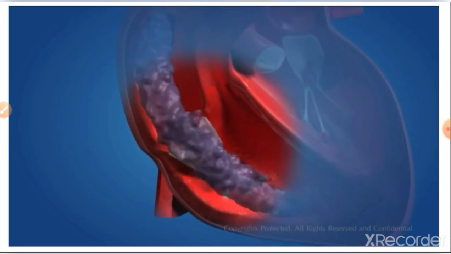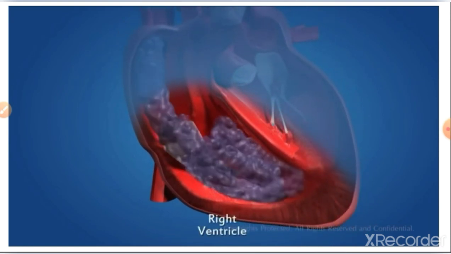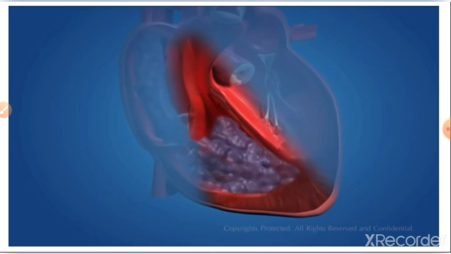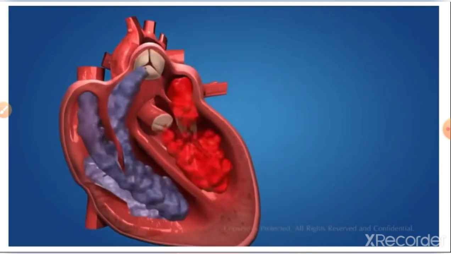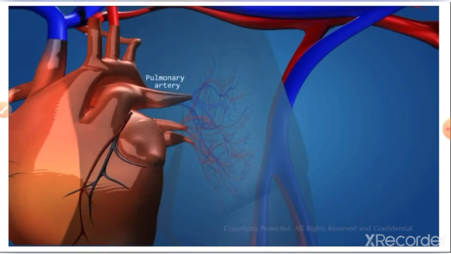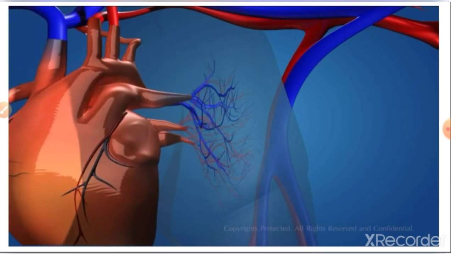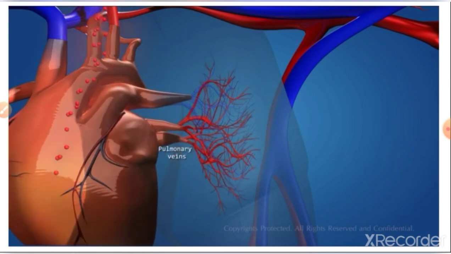The right ventricle then contracts and pushes the blood into the pulmonary artery. The pulmonary artery carries the deoxygenated blood to the lungs to get oxygenated. The lungs oxygenate the blood by exchanging the gases, and it flows back into the heart by the pulmonary vein.